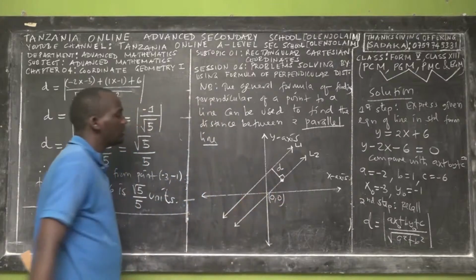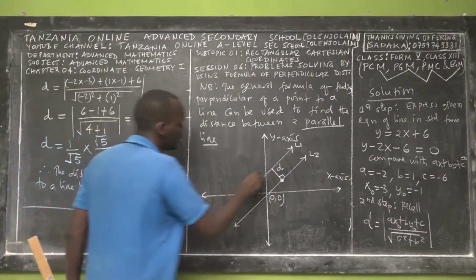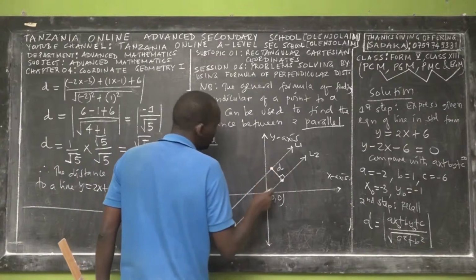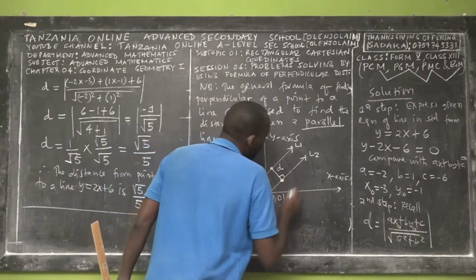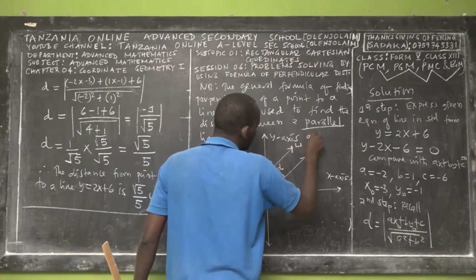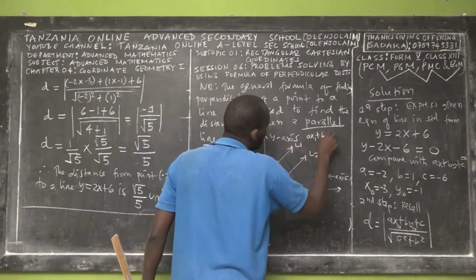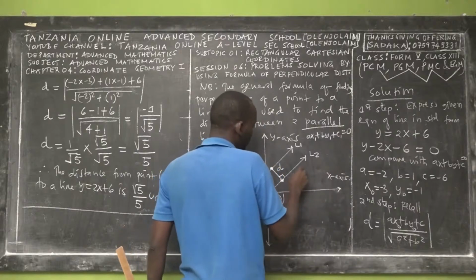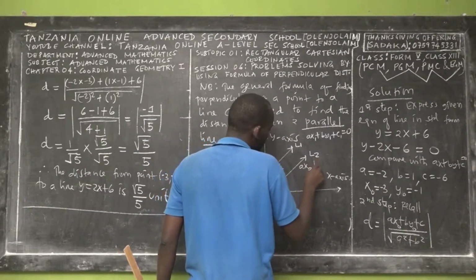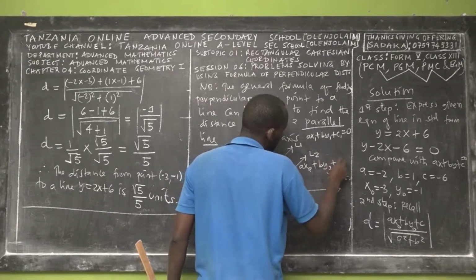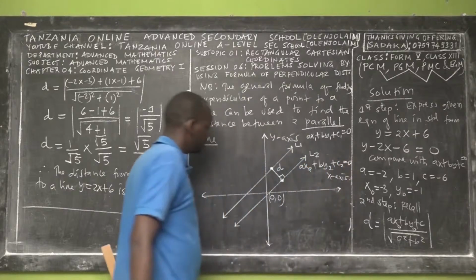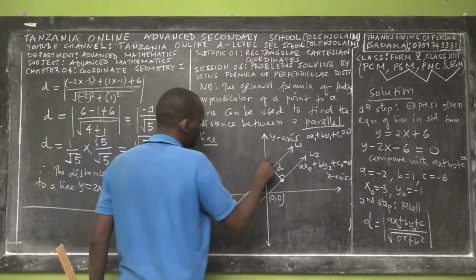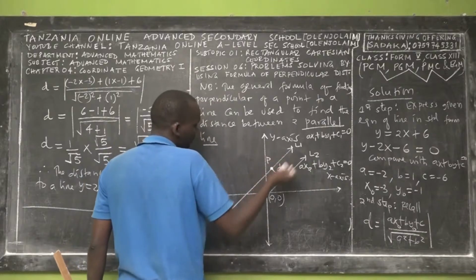In case we want to find the distance from this point, suppose that this is point P, line 1 can be, let's say, ax1 plus by1 plus c1 is equal to 0. And the equation of this line is ax2 plus by2 plus c2 is equal to 0. So this is point P. You can find any other point.